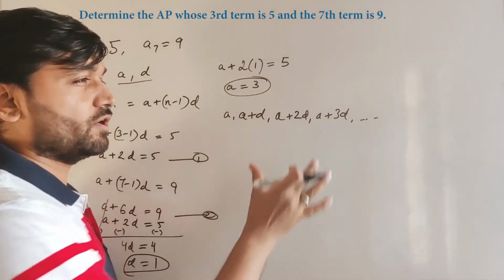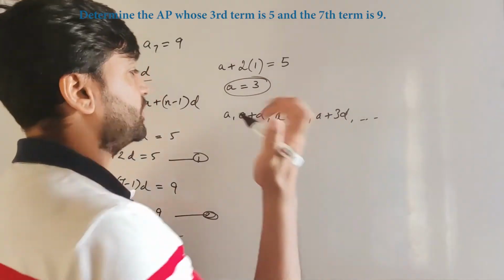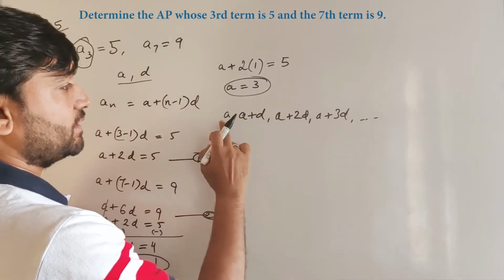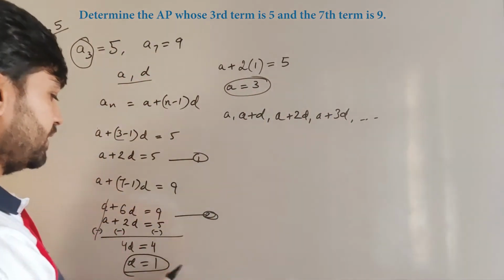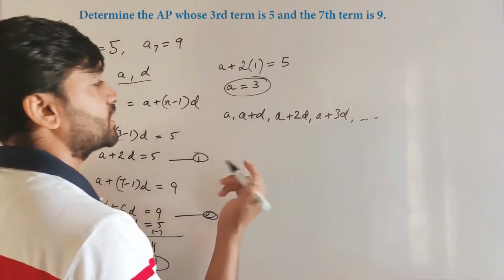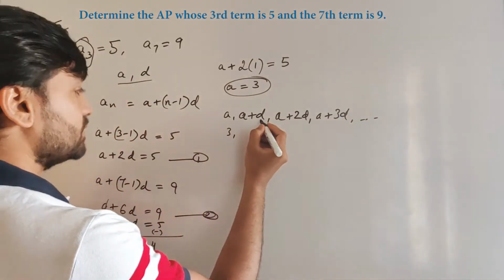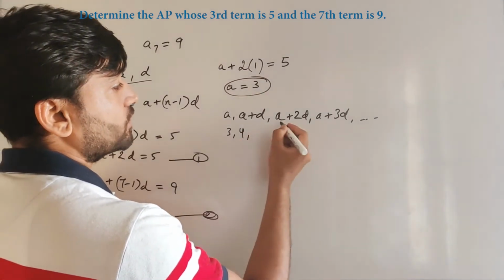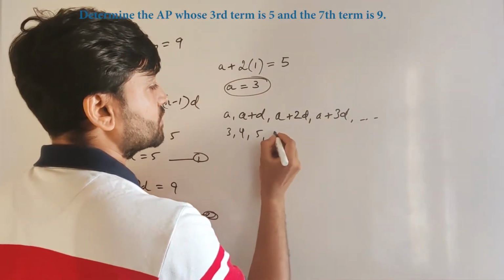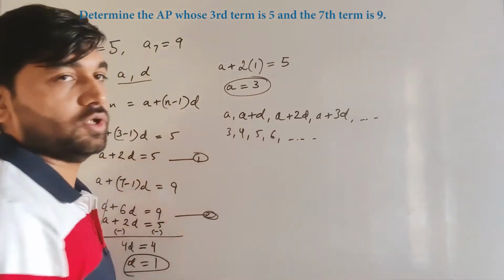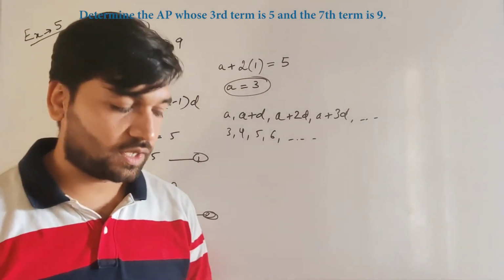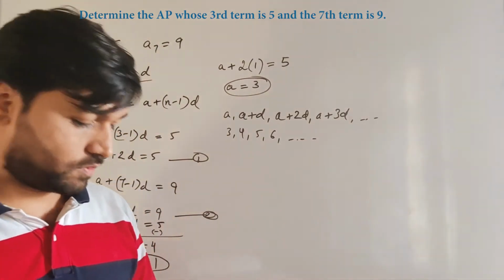We'll just write down the first 4 terms of this AP. So I just substitute A and D values. A is 3, D is 1. I substitute in this and we have our answer. So 3, 3 plus 1, 3 plus 2 into 1, and so on. So this is your answer. This is the AP they are asking for.